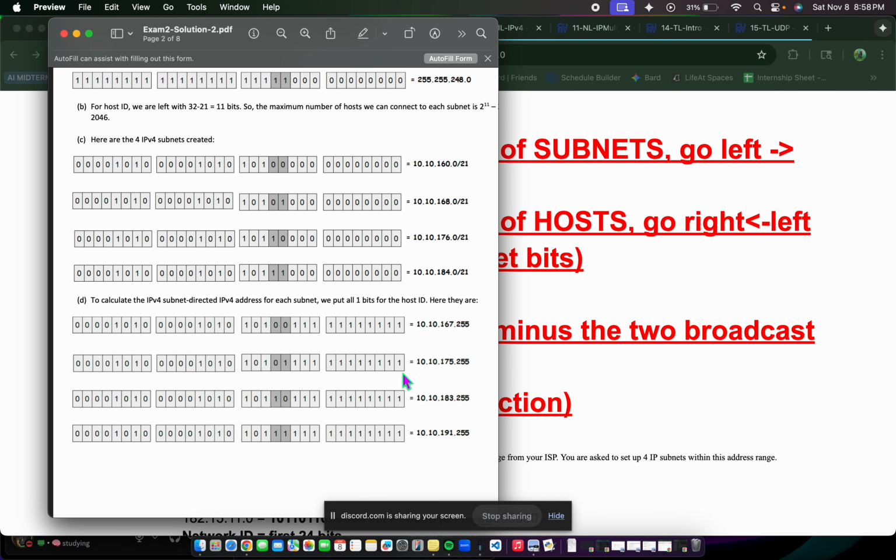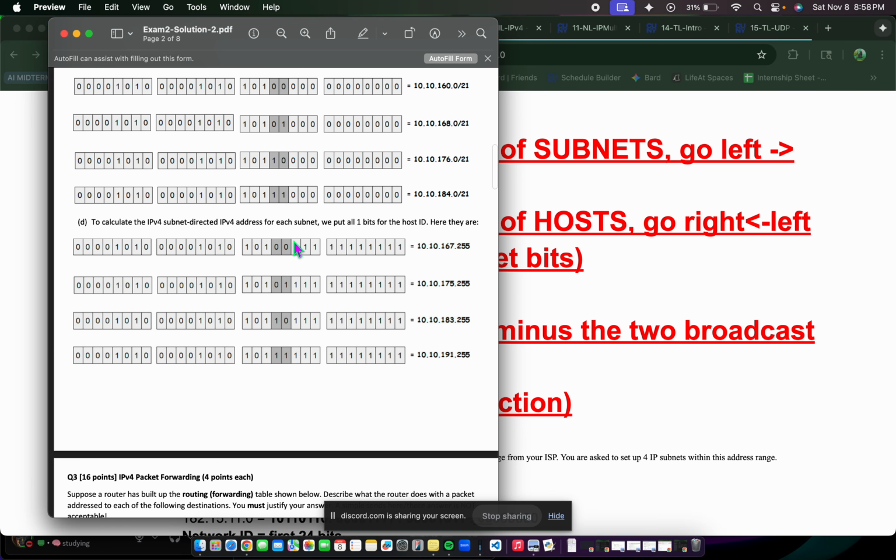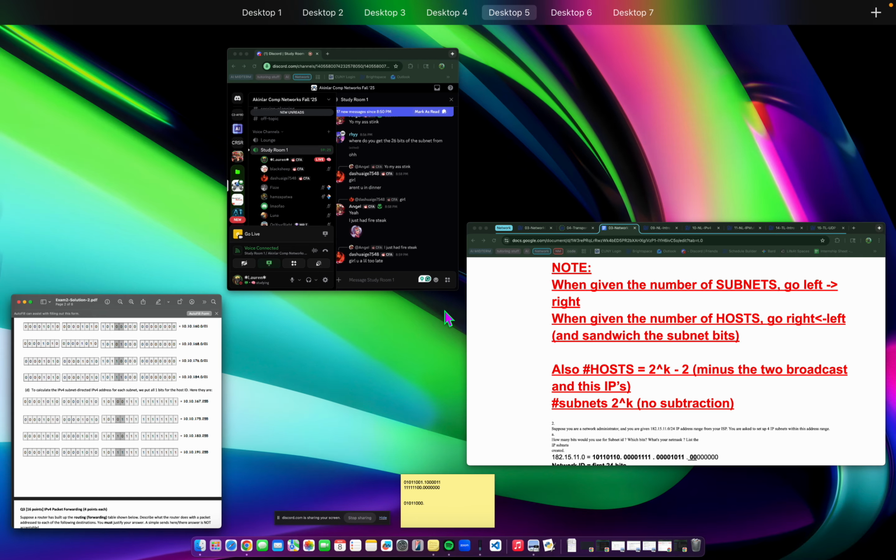For this, everything after your subnet just has a 1. Then you can easily convert this from binary to decimal. It takes a little bit, but it's not too bad.